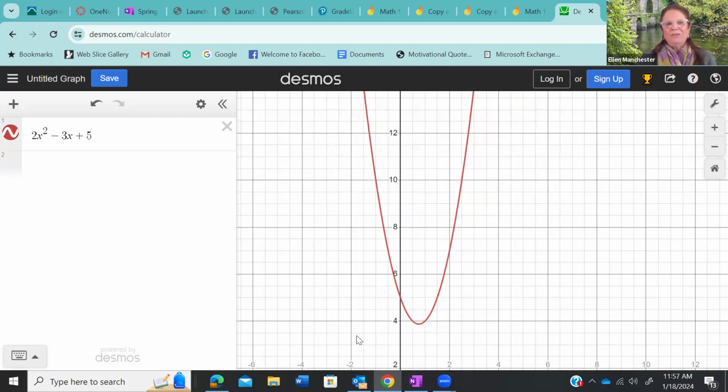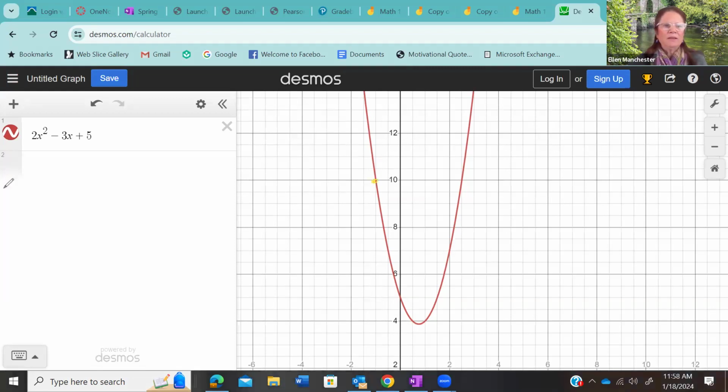Okay, so here is our parabola, the 2x squared minus 3x plus 5. It's pretty straightforward. So let's say I want to find the slope at -1, right here.